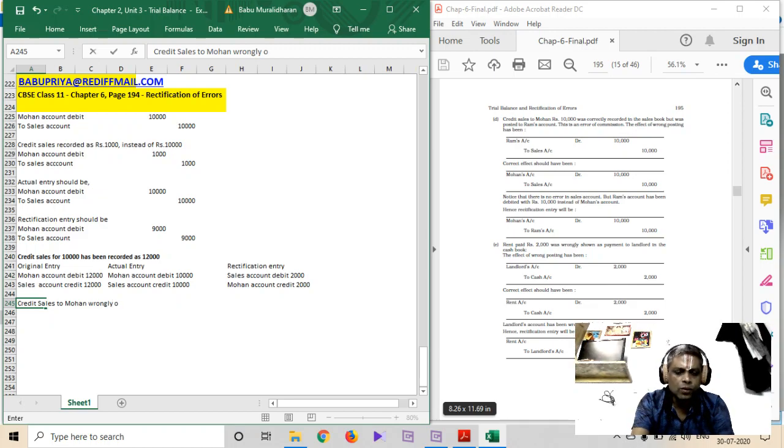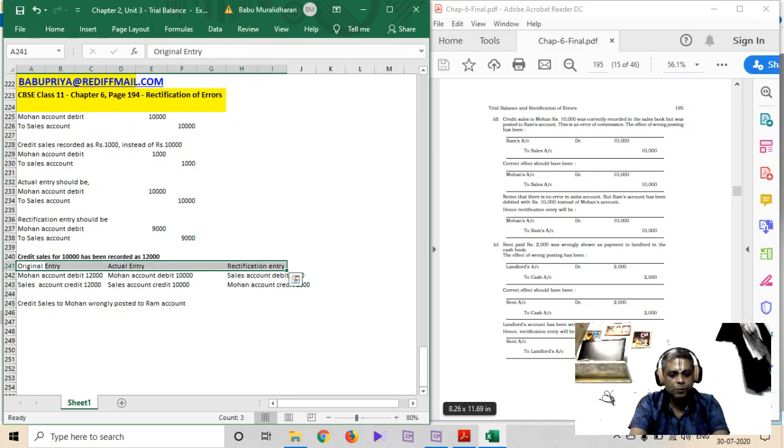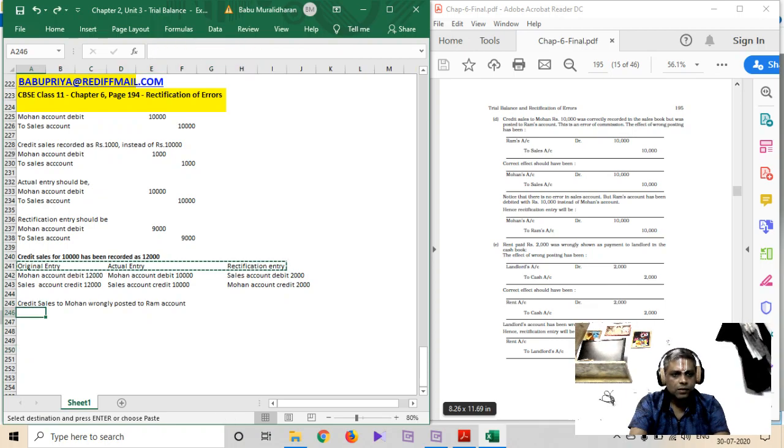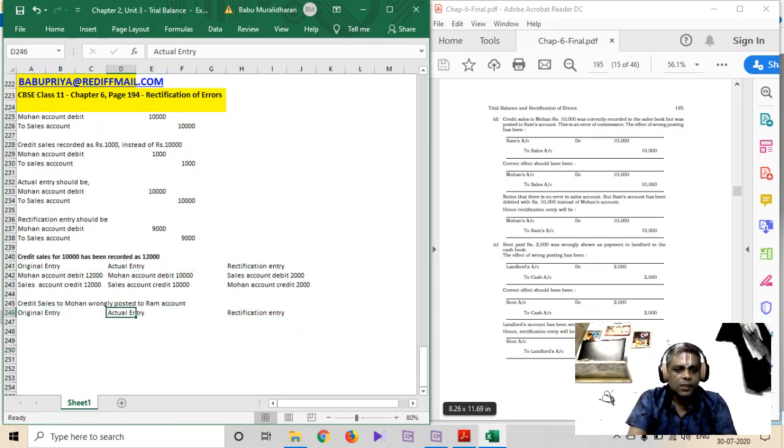Let's put that here. Credit sales posted here. What is the original entry? Credit sales to Mohan wrongly posted to Ram account.